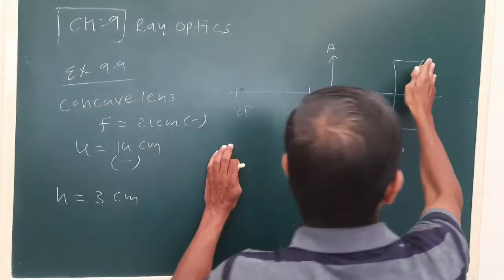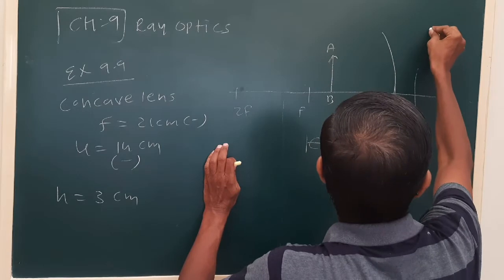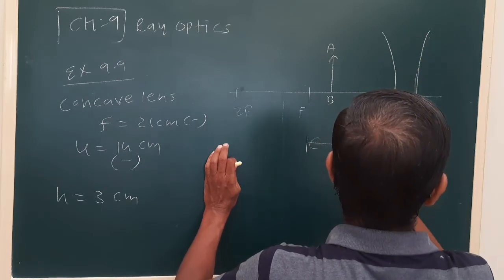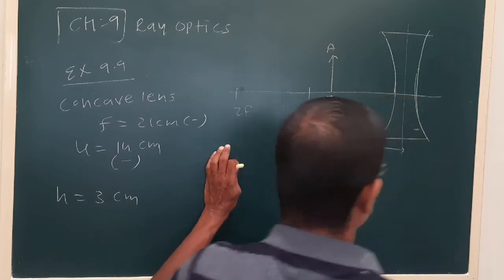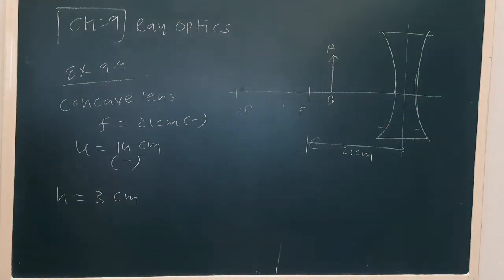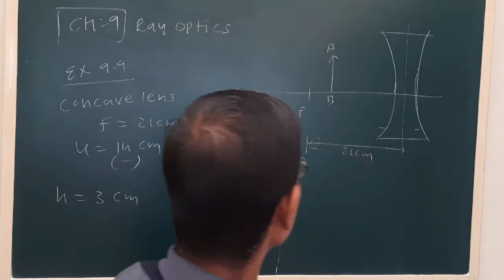We know the concave lens is a diverging lens. Now we draw the ray diagram.